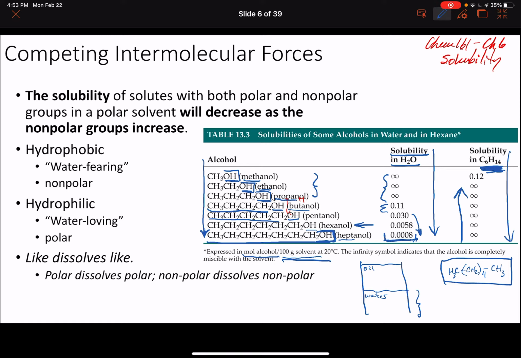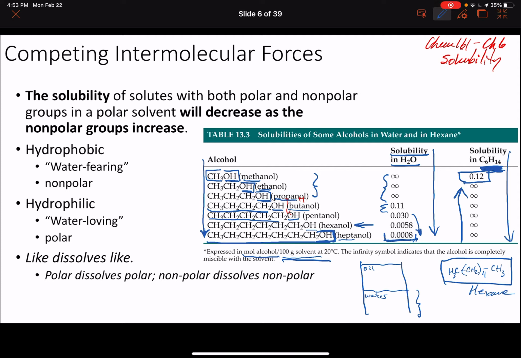And it's not until we get to a very low carbon chain content that we see a limit for how much methanol is compatible with hexane. So methanol would also phase separate from hexane if we exceeded a target value of 0.12 moles per 100 grams of the solvent, which is hexane this time.